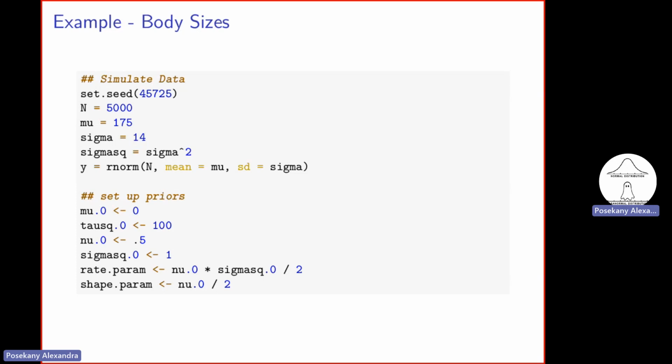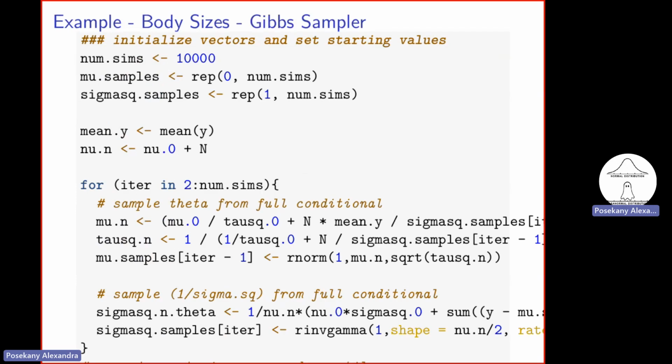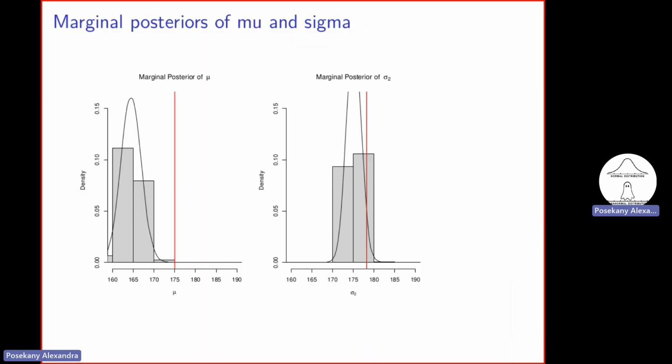I provided you with a second set of these later on. But when going through this with the simple Gibbs sampler, which is simulating the value of mu based on the other ones, and then the value of the sigma squared based on the other one already predefined, with 10,000 simulations, in this case we only throw away the starting value and keep the whole burn-in to take a look at what's happening here.